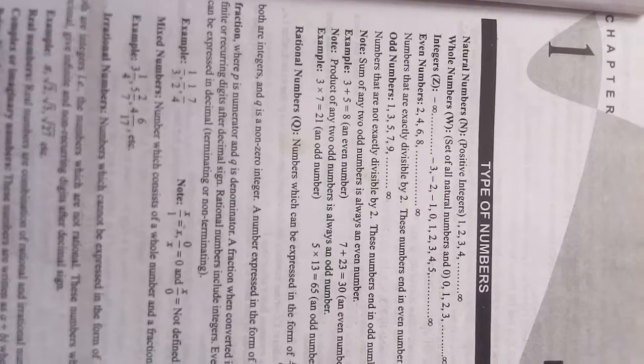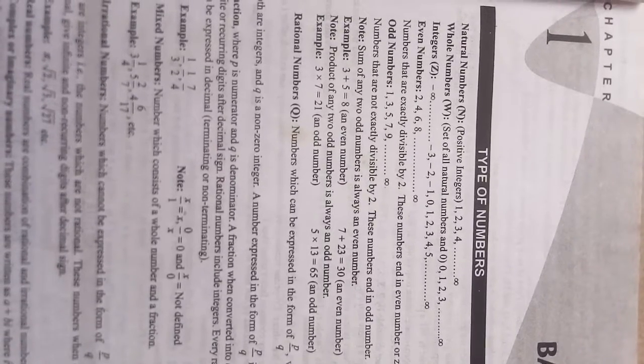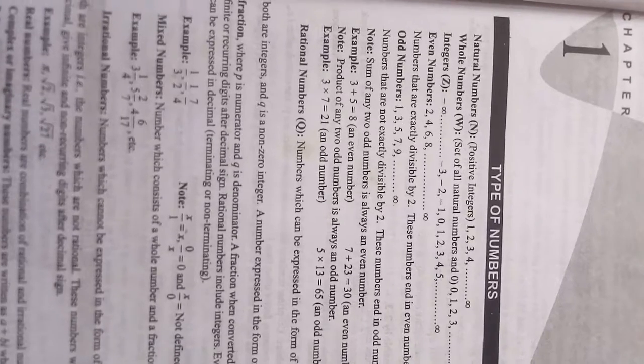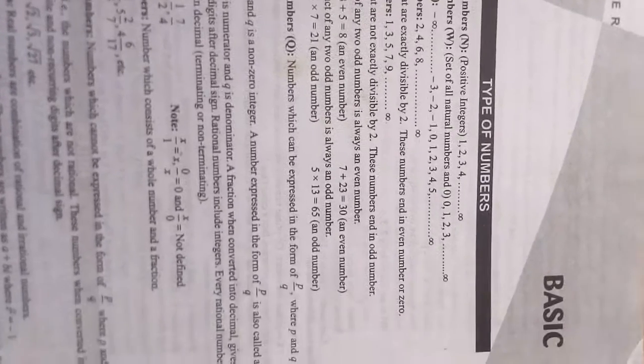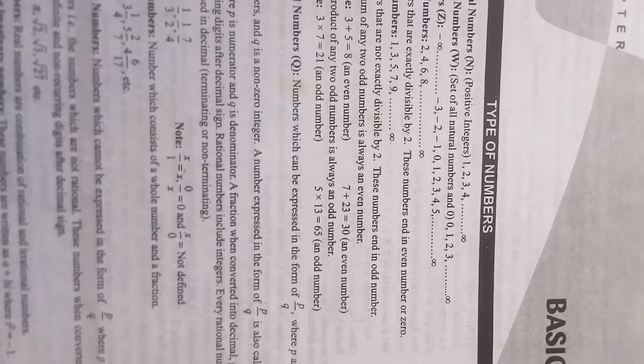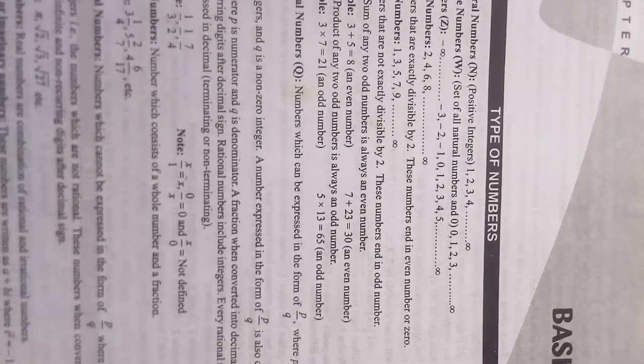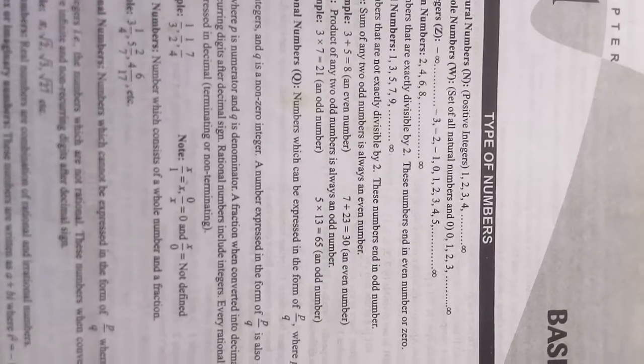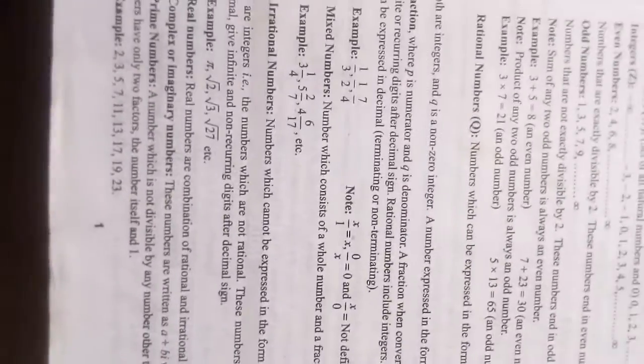So the numbers which we can express in the form of p by q are also called fractions, where p is the numerator and q is the denominator. The most important thing to remember here is that the denominator should not be equal to 0.